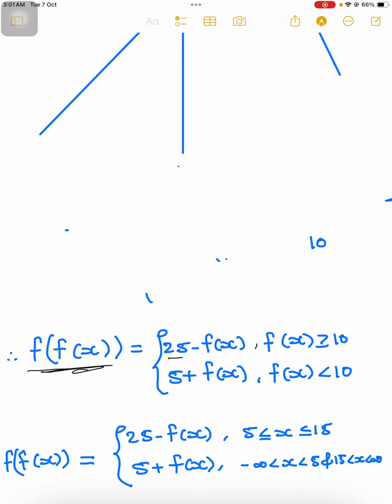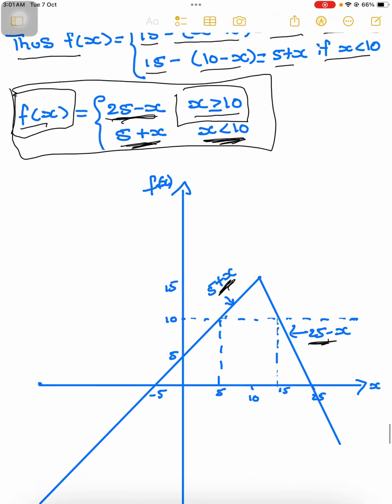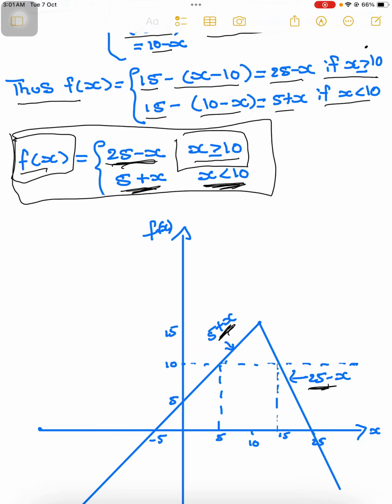f of f of x equals 25 minus f of x if f of x is greater than or equal to 10, and 5 plus f of x if f of x is less than 10. You consider this as x, because you can see here f of x equals 25 minus x for x greater than or equal to 10. Consider x as f of x.